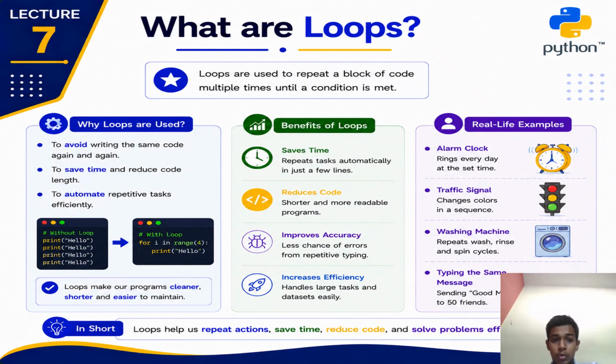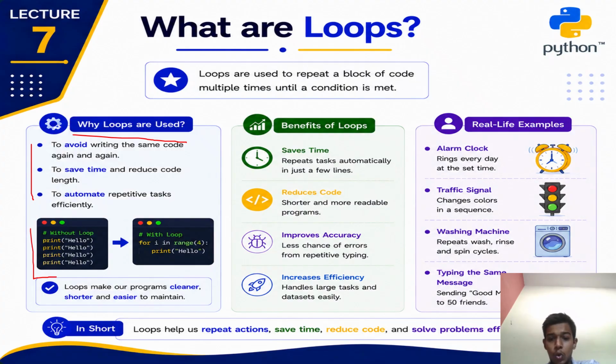Now, why are loops used? There are three main reasons. First, to avoid writing the same code again and again. For example, if you want to print hello without a loop, you have to write it like this. But a loop can do the same thing within a few lines.